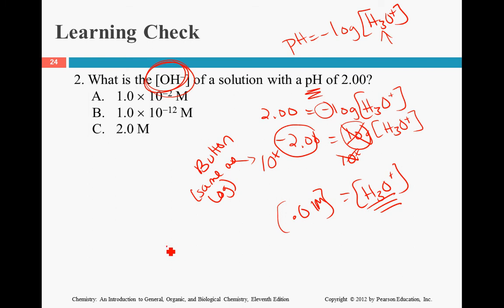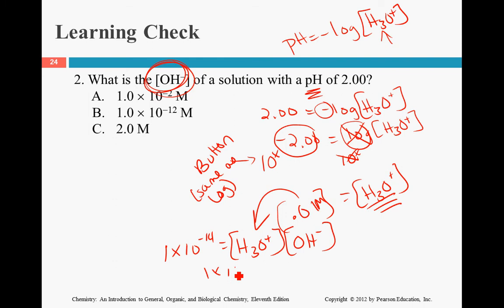So 1 times 10 to the negative 14 is equal to H3O plus times OH minus. We're going to put this 0.01 into the H3O plus. So 1 times 10 to the negative 14 equals 0.01 times OH minus.